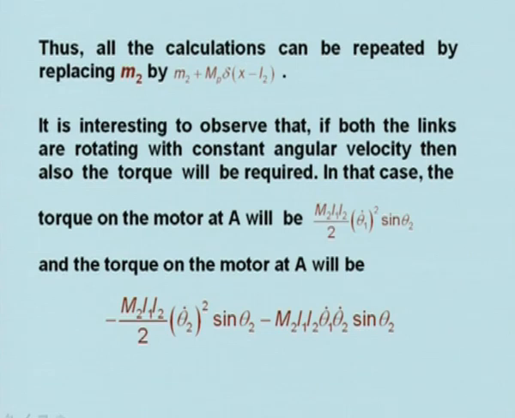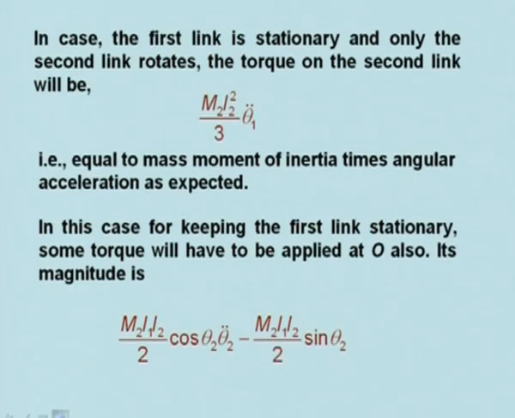Now if M2 is 0, then there will not be any requirement of the torque. In case the first link is stationary and only the second link rotates, the torque on the second link will be M2 L2 square by 3 theta 2 dot dot, that is equal to the mass moment of inertia times the angular acceleration, as expected.